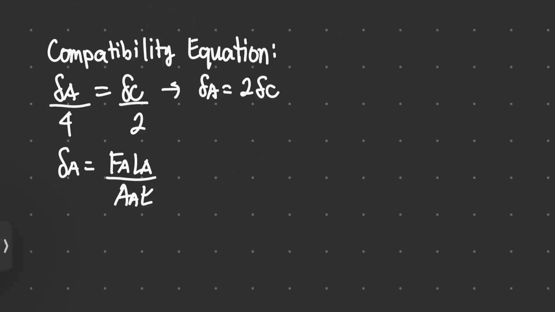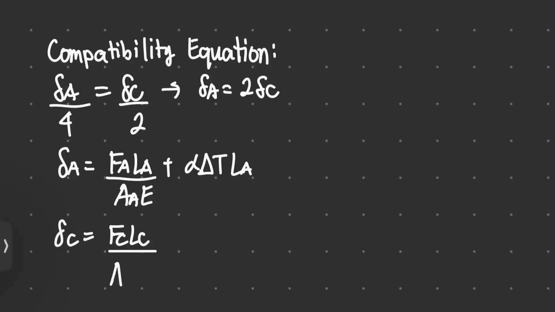But since there are similar materials, let's just call this E, plus alpha times the change in temperature times the length of A. On the other hand, for C, it's also the same, but we change the properties that have to be changed for this bar. So we know that the change in temperature would be equal since you apply it to the whole body. So therefore, if it increases by 5 degrees in the environment, let's say 5 degrees Fahrenheit, everything would increase by 5 degrees Fahrenheit.